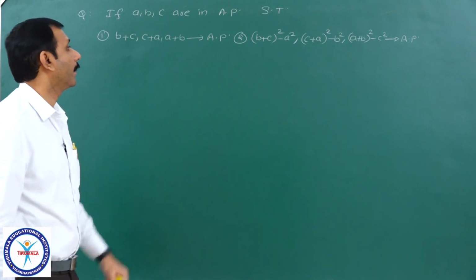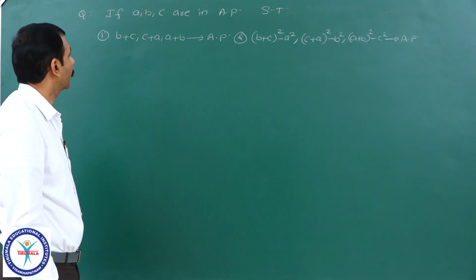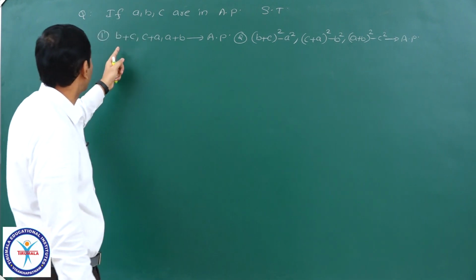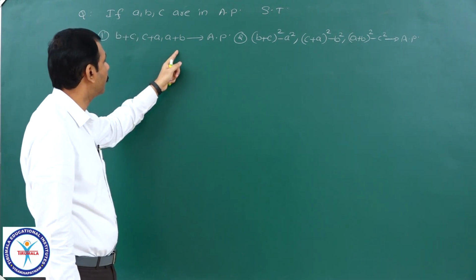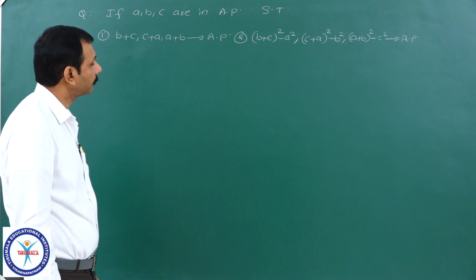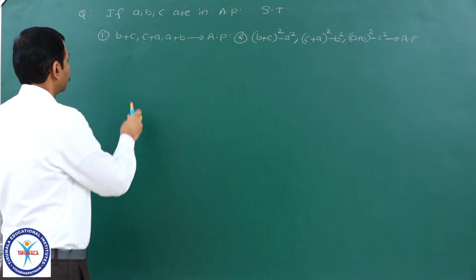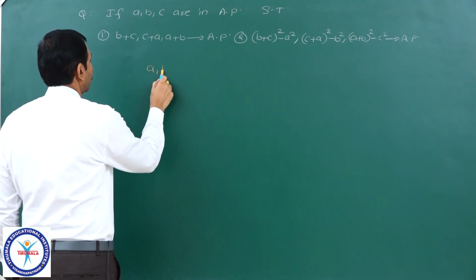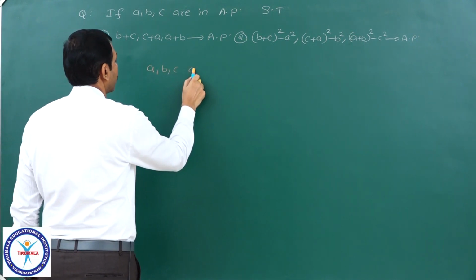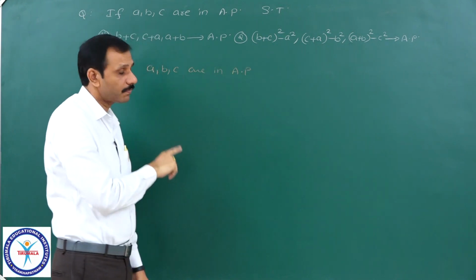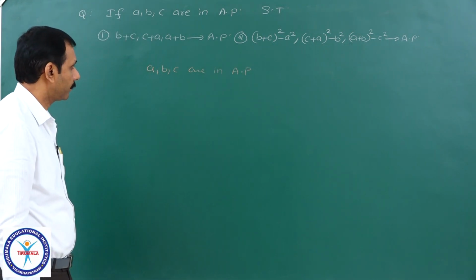Right, next model problems. A, B, C are in AP given, then show that B plus C, C plus A, A plus B are in AP. Yes, observe this. Given that A, B, C are in AP, by using properties we can show that.